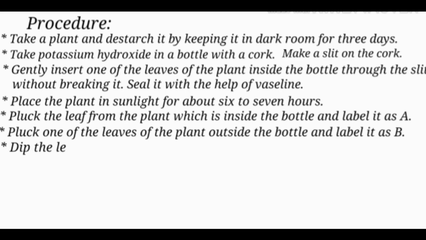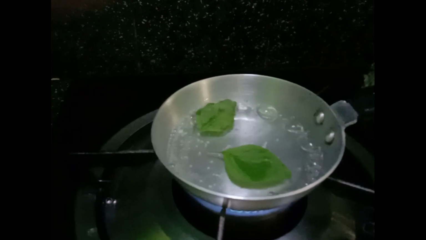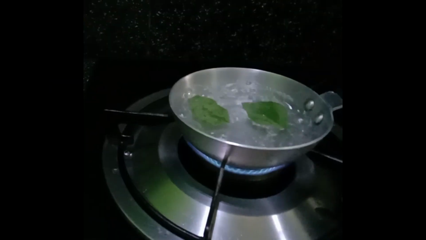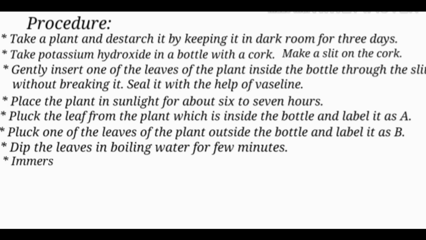Dip the leaves in boiling water for a few minutes. Now I am going to boil these leaves for few minutes. Immerse the leaves in separate test tubes containing alcohol.